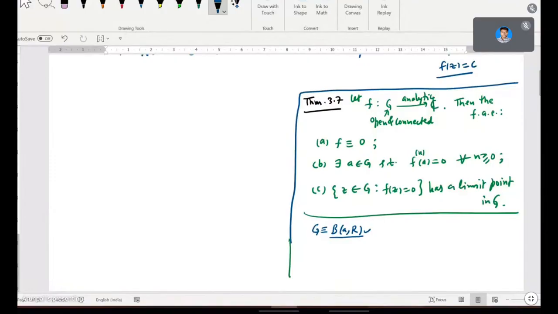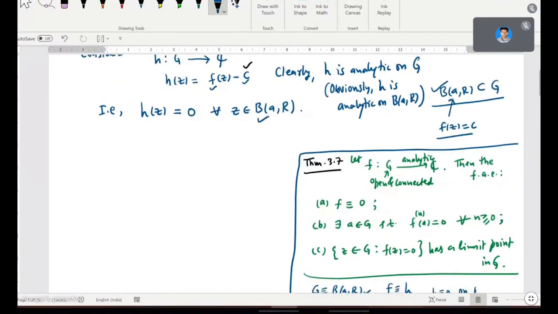Our function h, now you take f to be h. And h is analytic on this, right? And just now I have shown you that h is identically 0 on BAR.